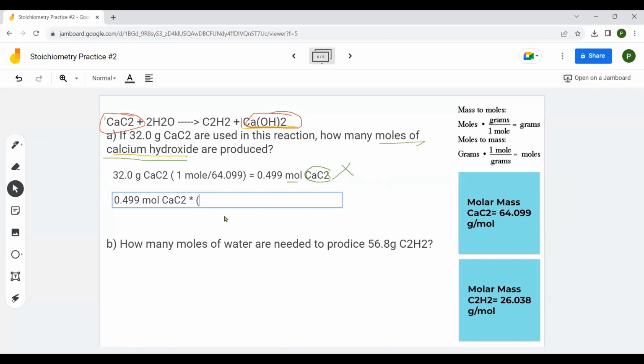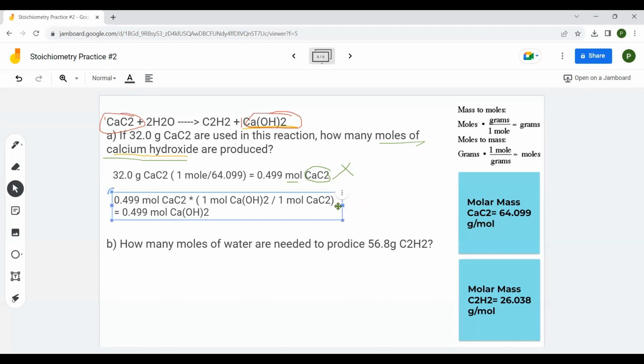So I have 1 mole of my unknown, which is CaOH2, our calcium hydroxide, over 1 mole of my known, which is CaC2. Now, you probably don't need a calculator for this one. It's going to end up being the same answer because it's nice and easy and we have that 1-to-1 ratio. But we still want to work it out anyways so that we get the hang of this and we get practice.